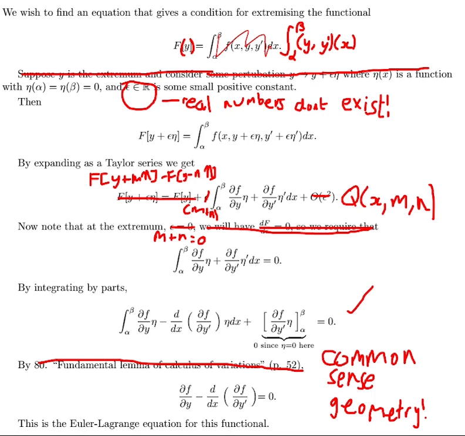So first of all, this is all kind of a bit nonsense. We're just coming up with this out of nowhere, and it's not a well-formed concept. Like we're sending y to y plus epsilon eta. This is just obviously a contradiction. This is ridiculous because we know we've got real numbers.